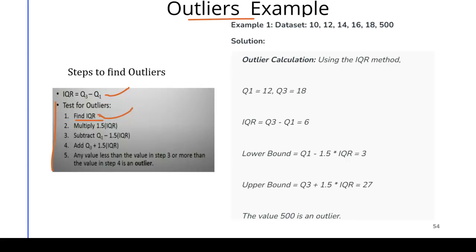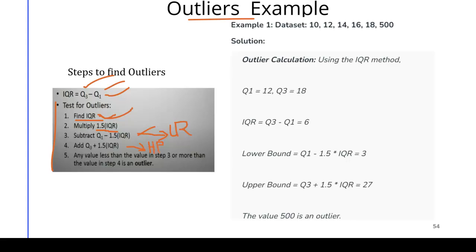Before finding the interquartile range, we need to know Q3 and Q1. The second step is to multiply 1.5 by the IQR. The third step is Q1, the first quartile, minus 1.5 times IQR, which represents the lowest range in your observations. The fourth step is the third quartile plus 1.5 times IQR, which gives you the highest range.